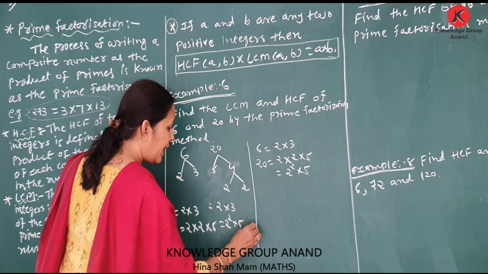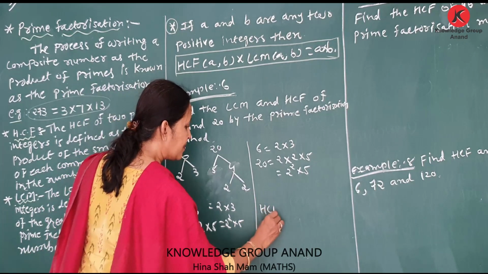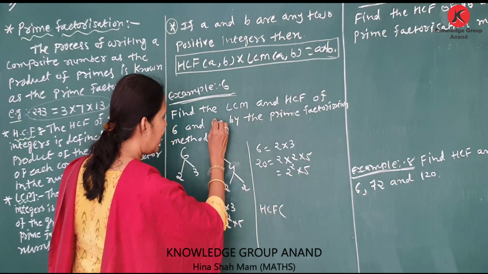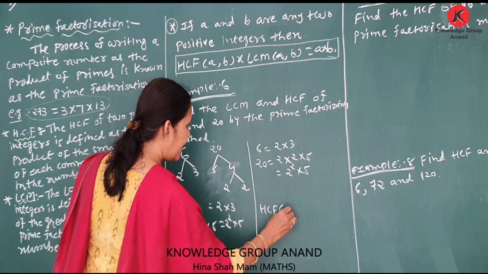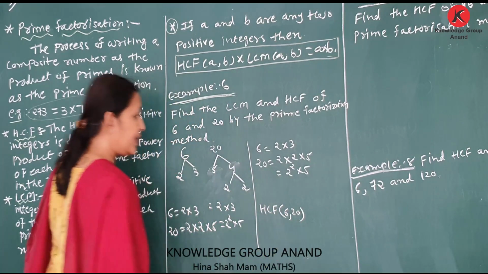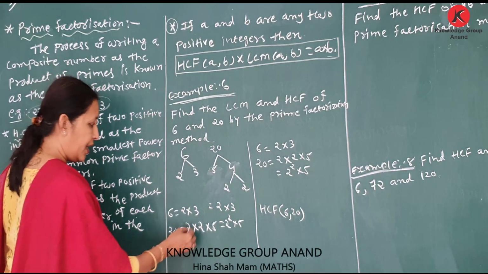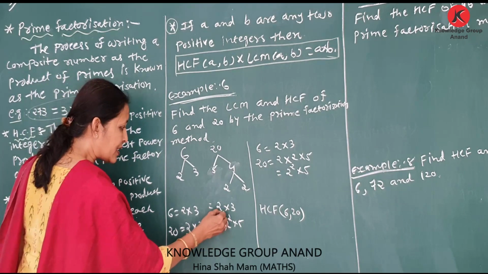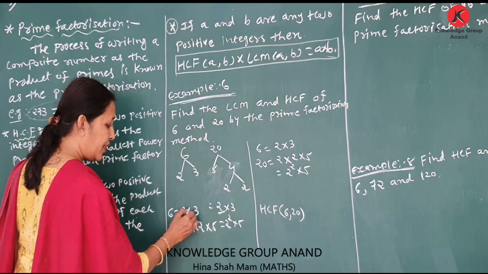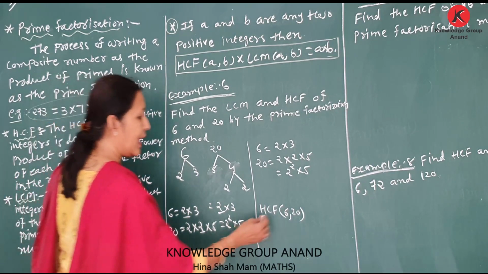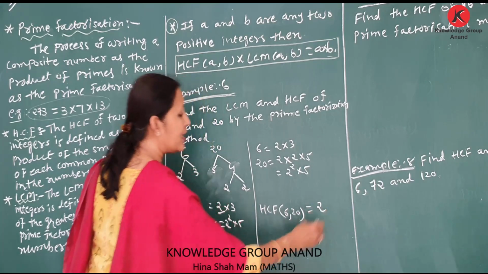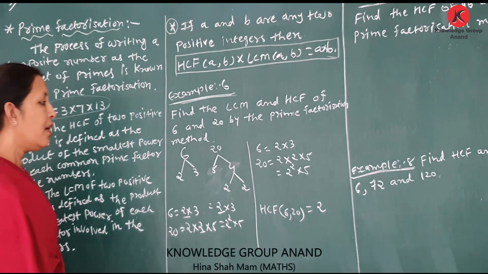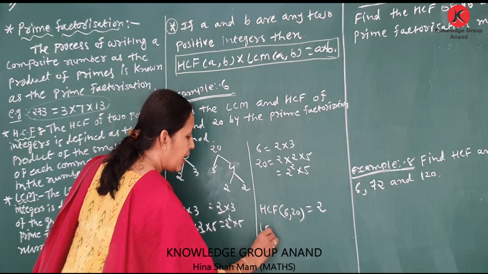HCF. Here HCF of these numbers, which two numbers? 6 and 20, which is the common factor. Here 2 is the smallest number. 2 is the common factor. Therefore HCF is equal to the smallest power, 2. What is LCM?